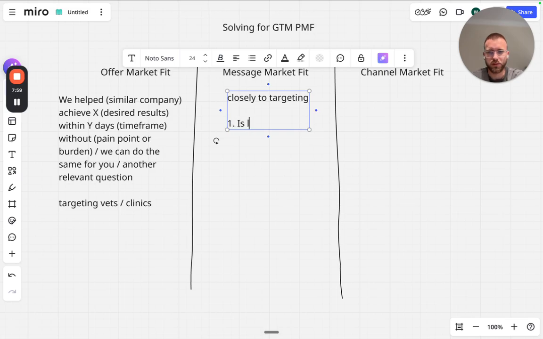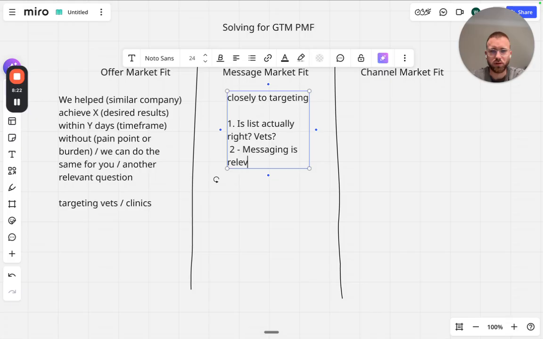Is the list actually right? Does the list quite literally contain vets, veterinarians? And two, is the messaging relevant and industry specific?